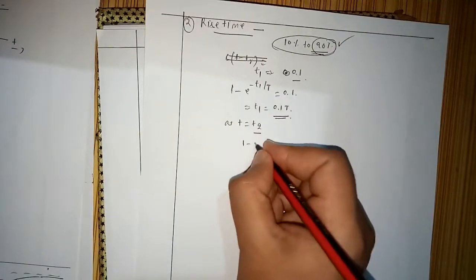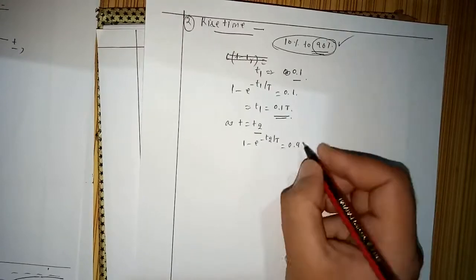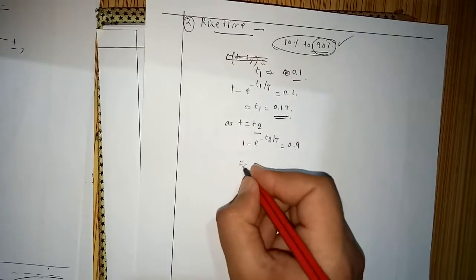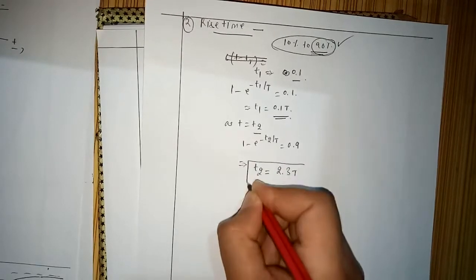So if I calculate that, 1 minus e to the power minus t2 by T equal to 0.9, and after solving I get t2 equal to 2.3 T.